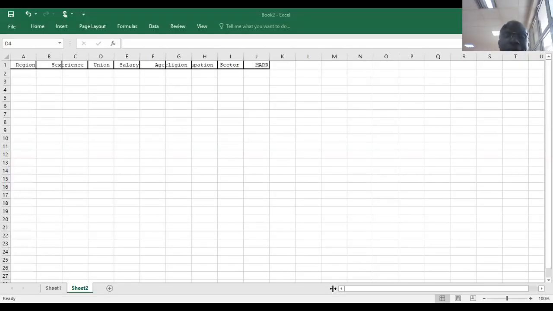See that? I don't want to keep on typing those things the other side. So just compare this. Look at these variable names. They are in a column here in Excel. But in SPSS, are they in columns?